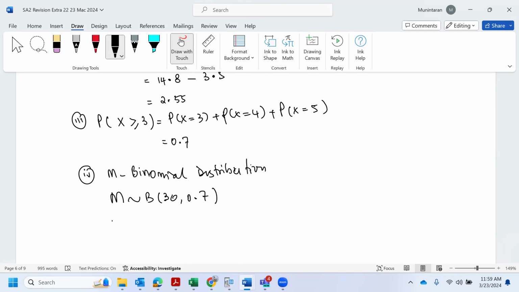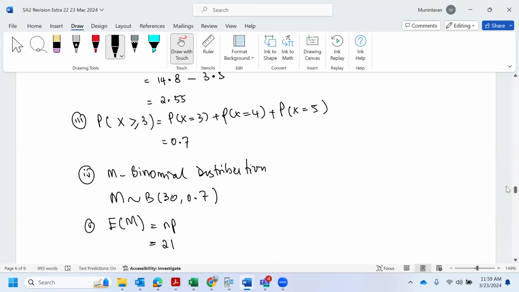So we wanted to know the expected value here. That is your E(M), because we are using M. E(M) is going to be NP. So N is 30, P is 0.7. You multiply, you'll be getting 21.